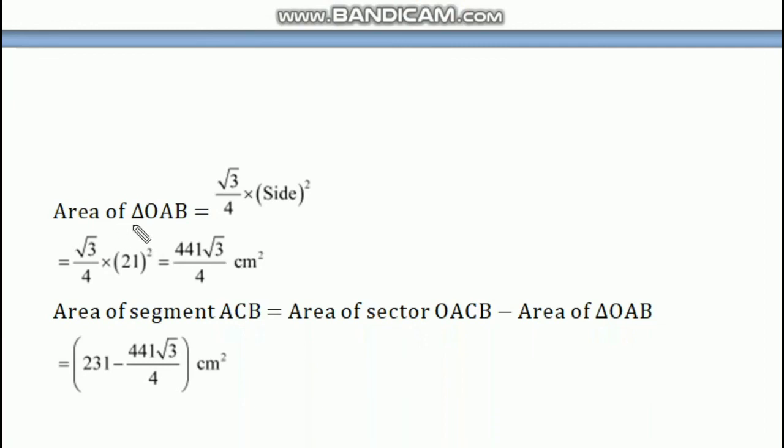Area of triangle OAB is square root of 3 divided by 4 into side square. Side is 21. If we simplify, we get 441 square root of 3 divided by 4 centimeter square.